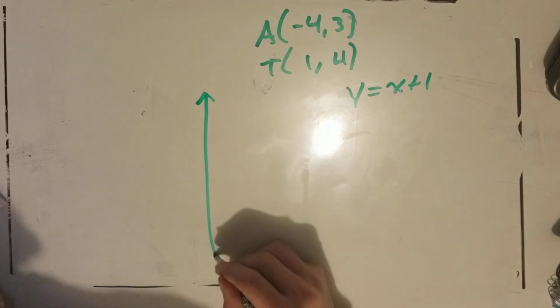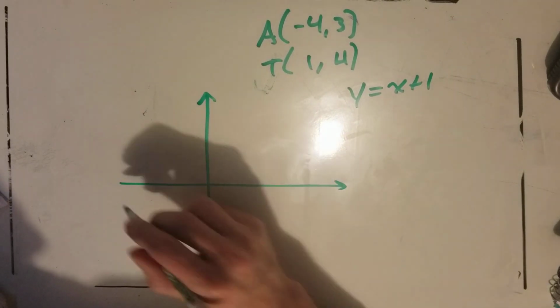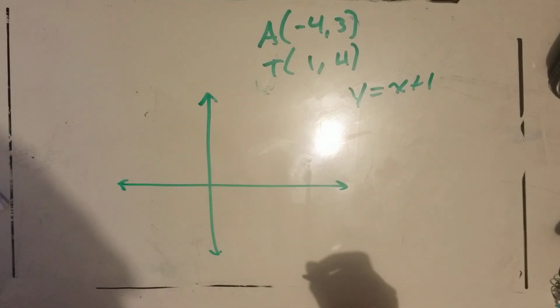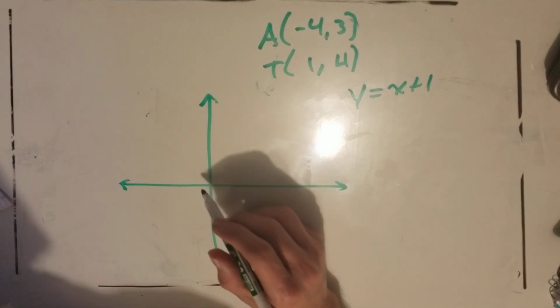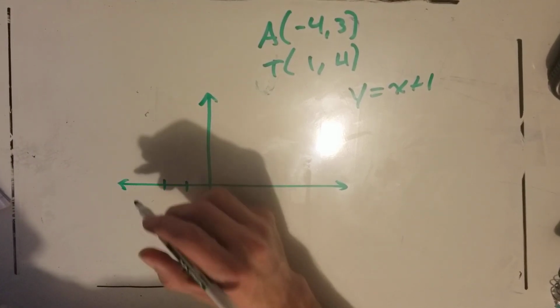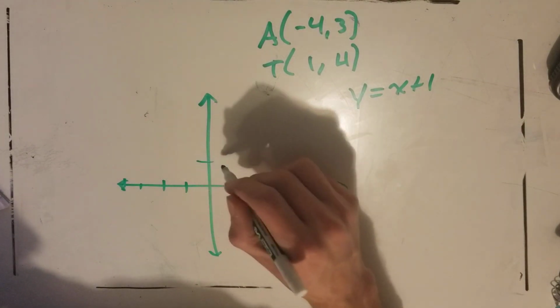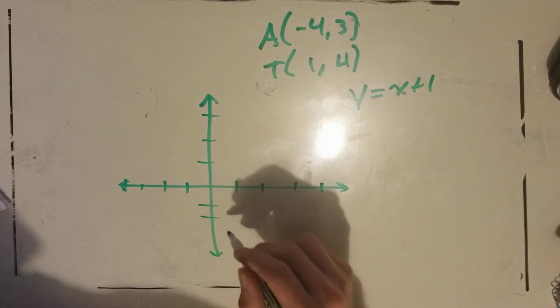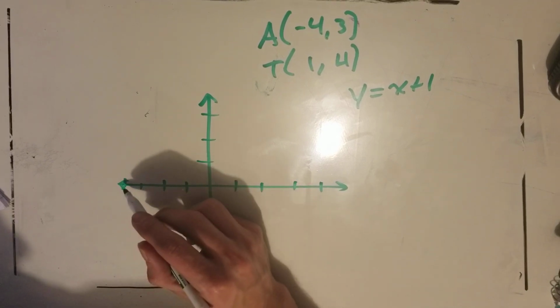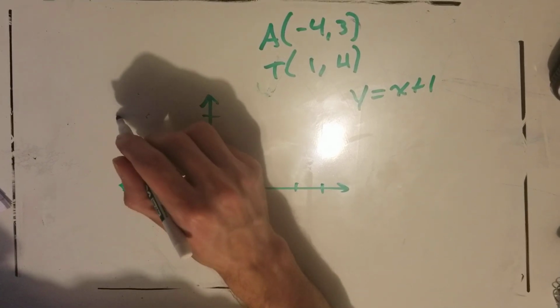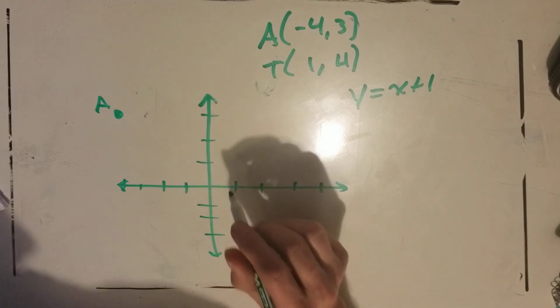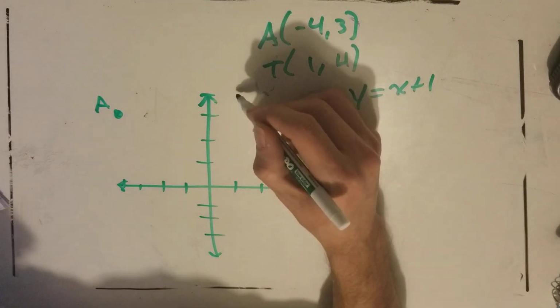So here's my coordinate plane. Let's graph these points. 1, 2, 3, 4. 1, 2, 3, 4. 1, 2, 3. We're at negative 4, 3. That's A. We're at 1, 4.